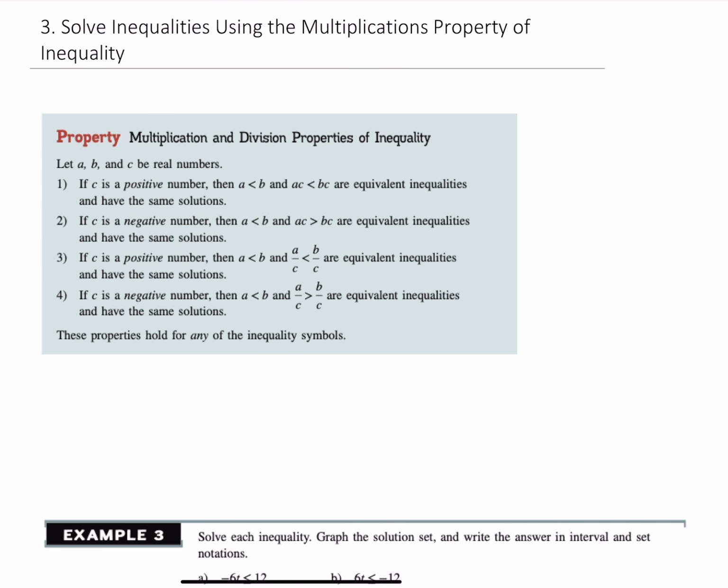Yeah, so multiplication and division properties. It's very similar to equations. This is saying if c is a positive number, then a less than b and a times c less than b times c are equivalent, meaning you can multiply something on both sides of the inequality.